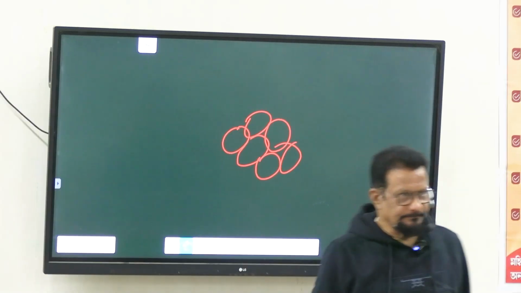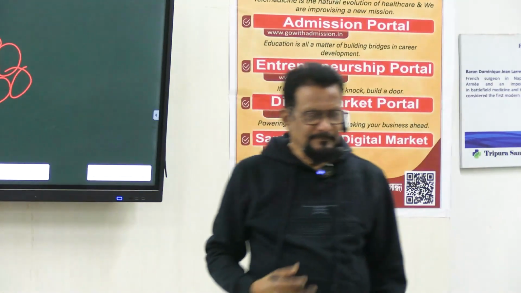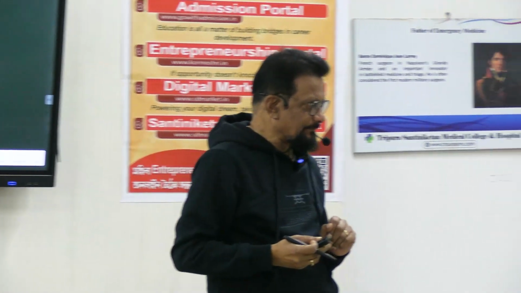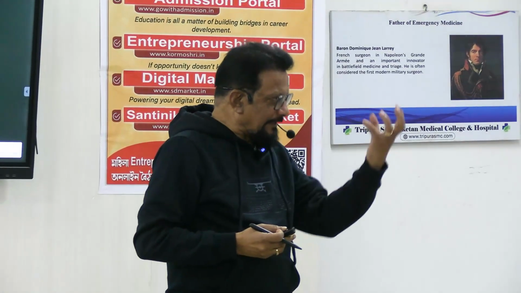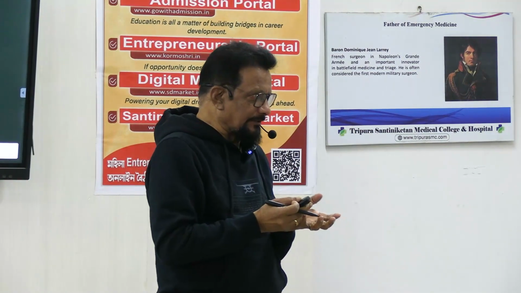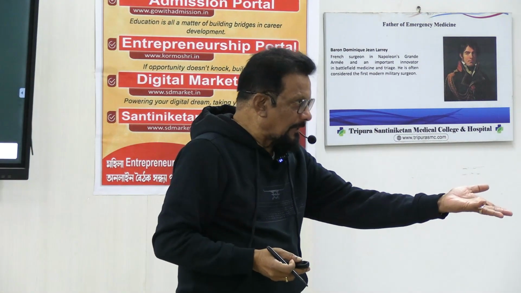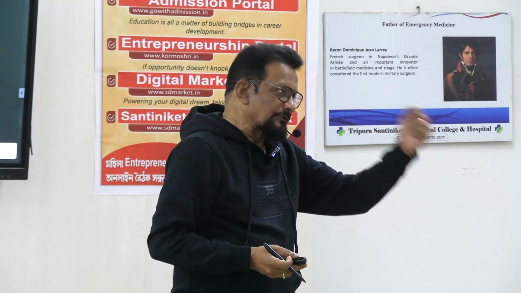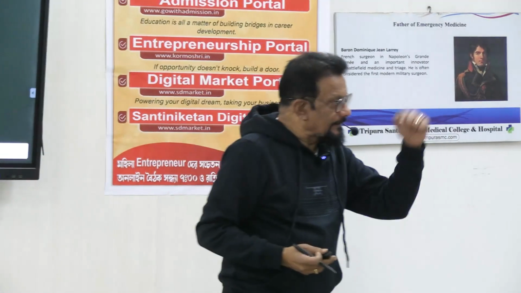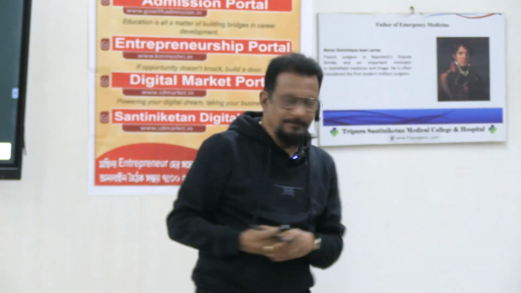Suppose this is an organ. So this organ has multiple cells. They need nutrients, they need oxygen. They will produce something that has to be secreted into the blood. So there should be blood supply. Who will supply? The branches of an artery.